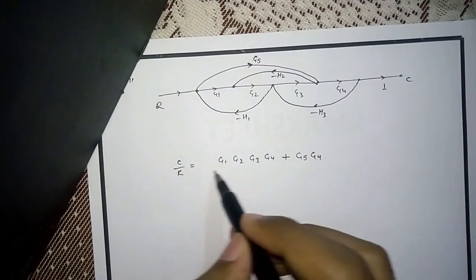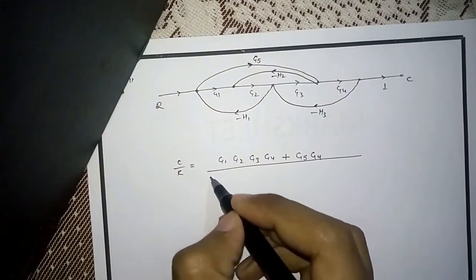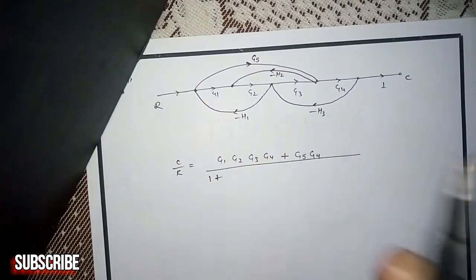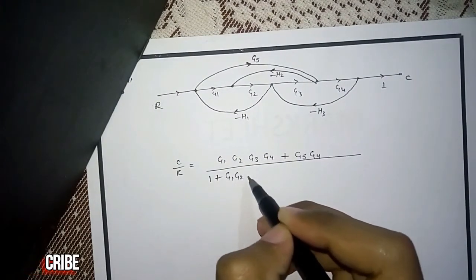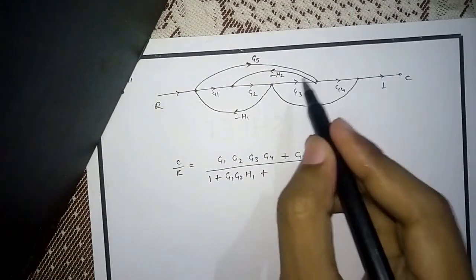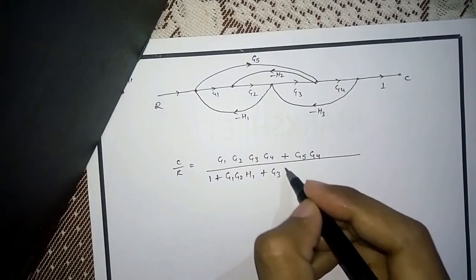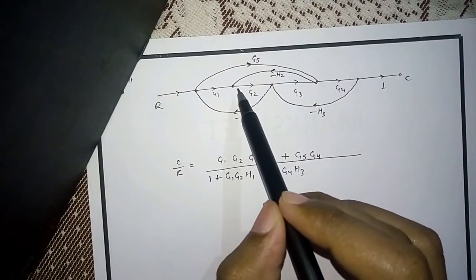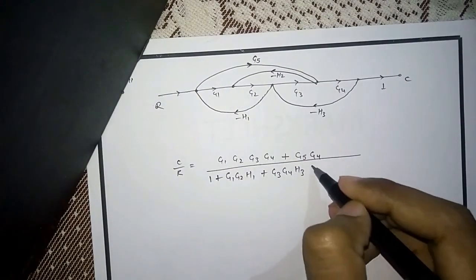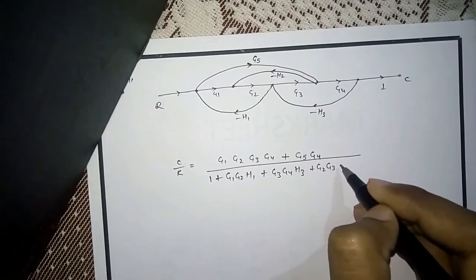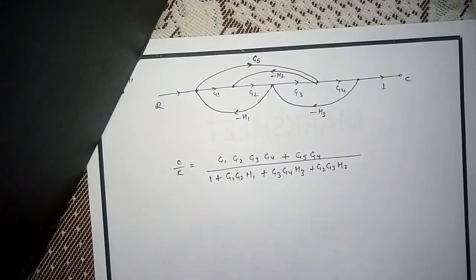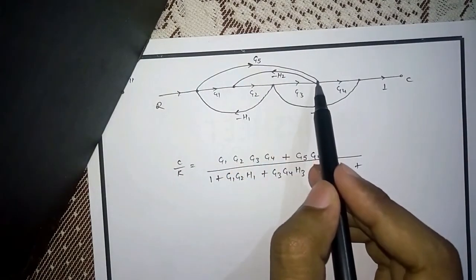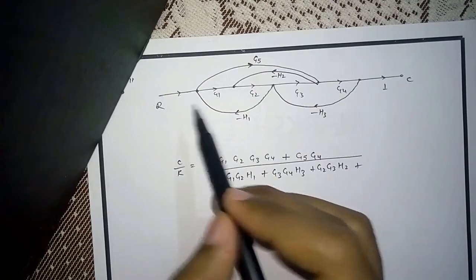Okay guys, upon that 1 plus first loop G1, G2, H1, plus G3, G4, H3, G2, G3, H2. Now guys, another loop is G5, G4, H3, H1.